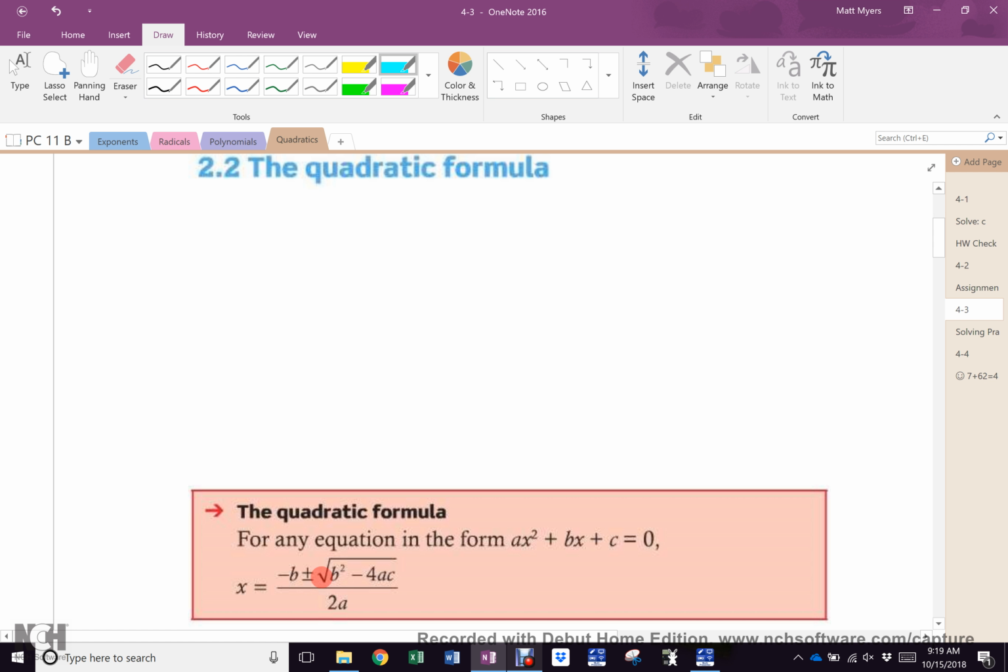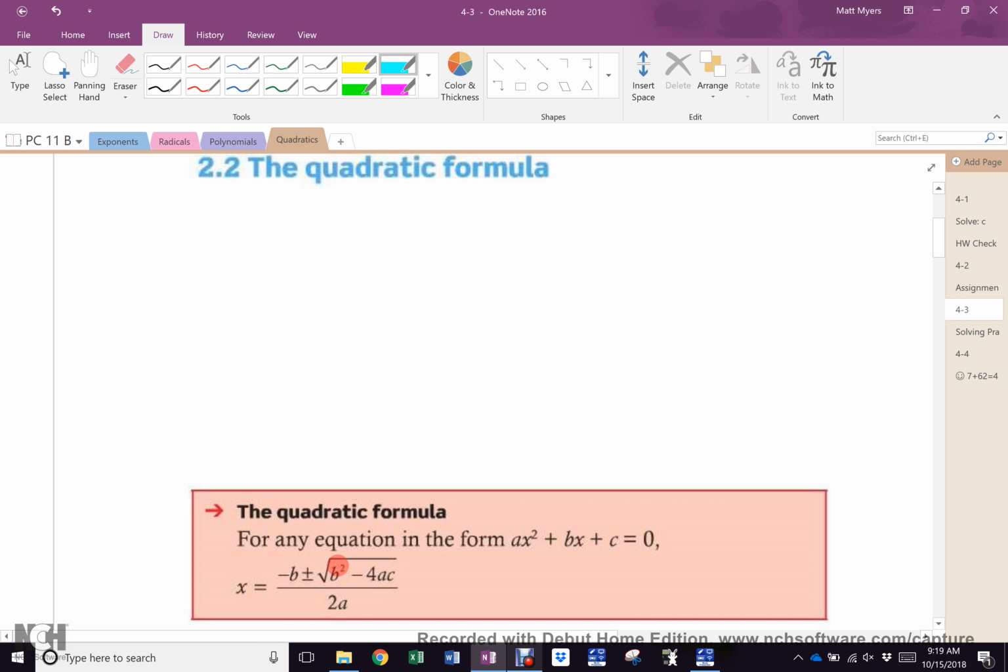Here is the quadratic formula. It is hideous. I will never make you memorize it, even though a great many of your peers have memorized it. You do not need to memorize it. I will always give it to you, but you do need to know how to use it.